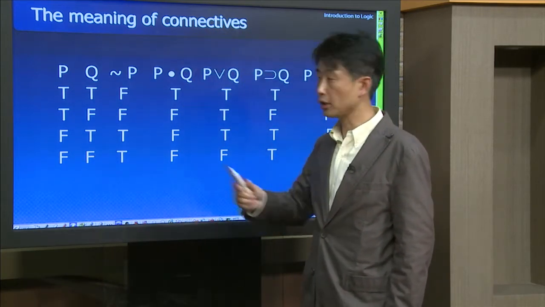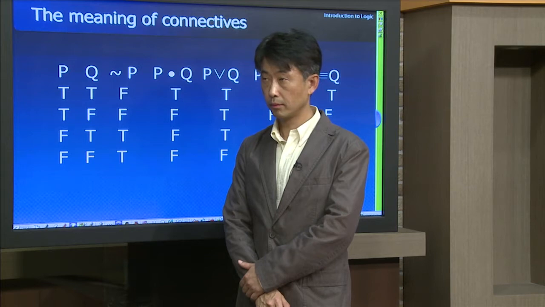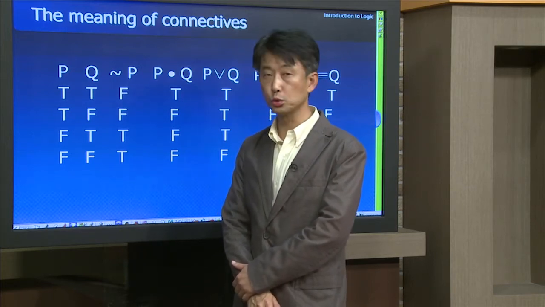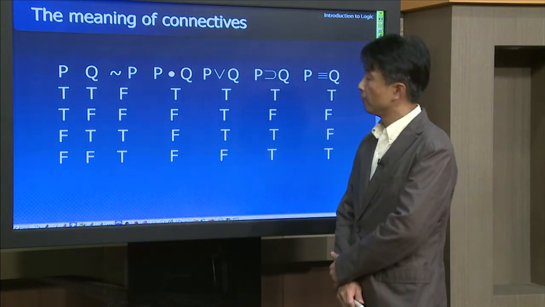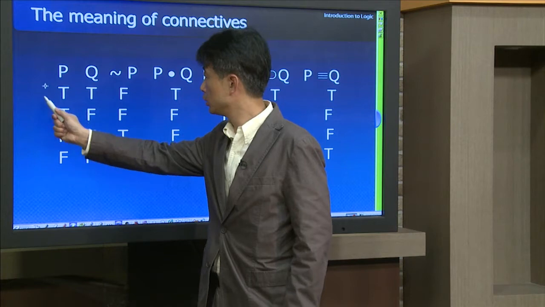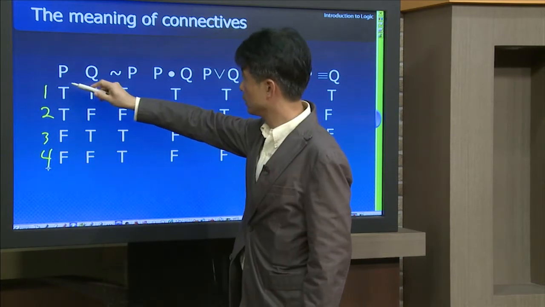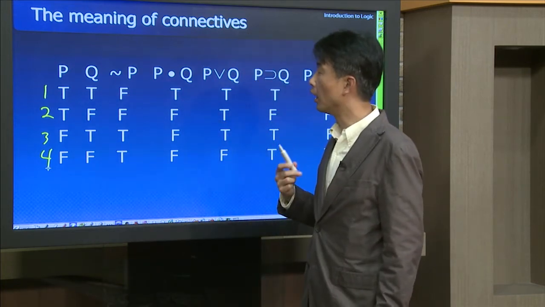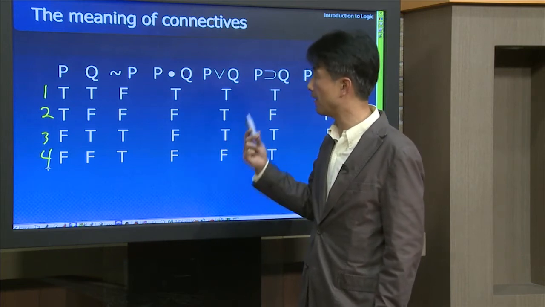So these are all the possibilities: 4 different possibilities of combining truth values for P and Q. For each of these possibilities, we can specify the truth value of these connectives in the following way.